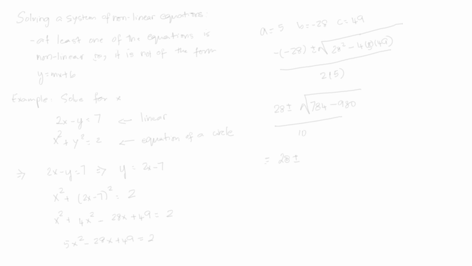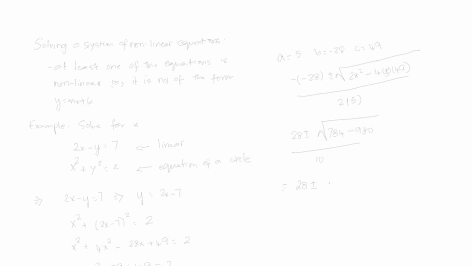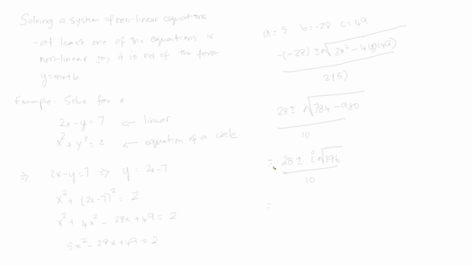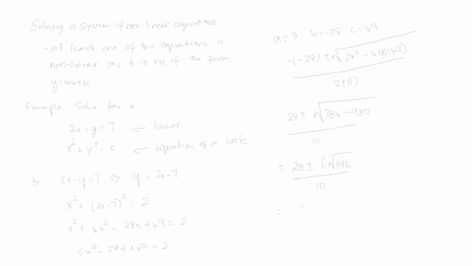So we will have 28 plus or minus square root of 784 minus 980, which is negative 196. That's square root of negative 196, so that becomes i 196 over 10. 196 is actually 14 squared, so I'll have 28 plus or minus i root 14 over 10.